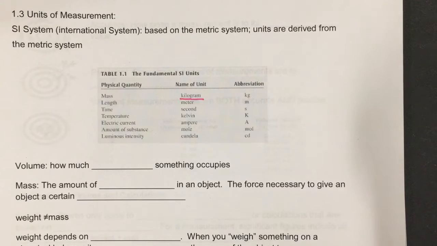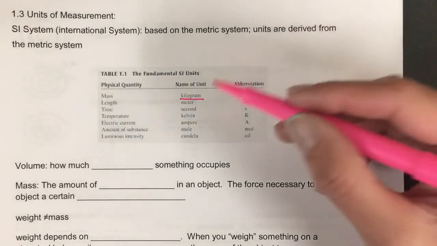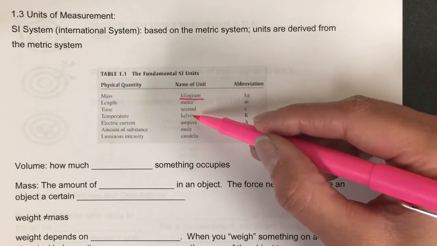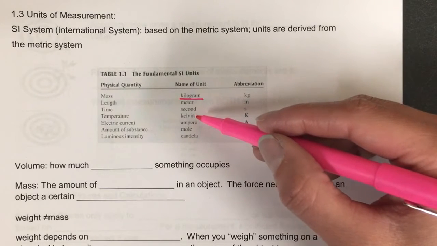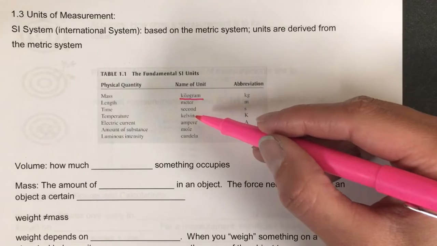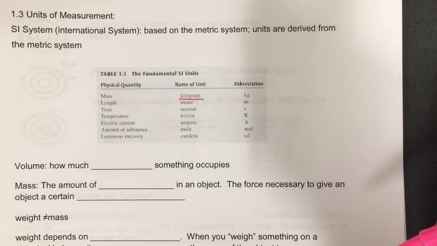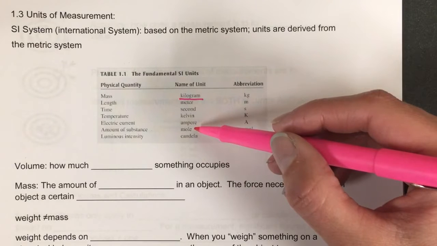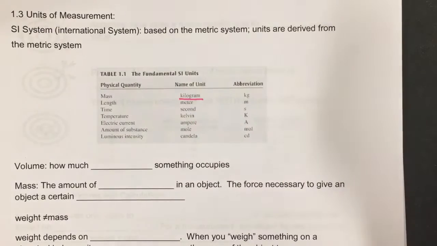Now, we'll still usually use grams in here because we won't ever have a kilogram worth of chemicals. Length is still meters. Time is seconds. Temperature is Kelvin. Now, we will use Kelvin in this class. We will also use Celsius. We will never use Fahrenheit. We'll use moles. We won't really worry about amperes or candelas. Those aren't things we really need to know about.